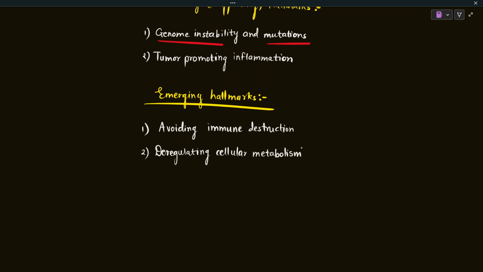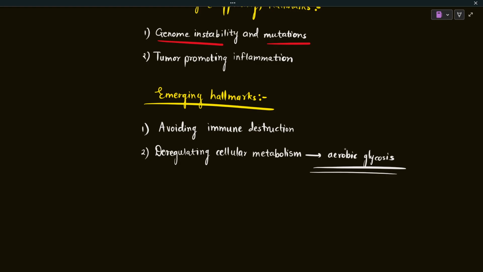For example, cancer cells show the Warburg effect. Sorry, they exhibit aerobic glycolysis. They do not proceed further with the ETC and so on. They only exhibit glycolysis.